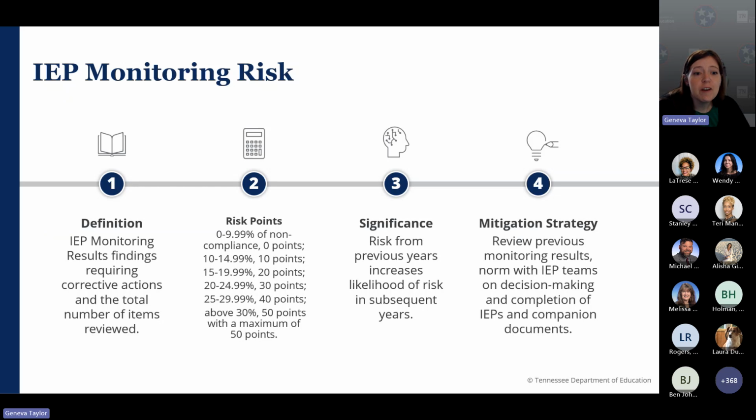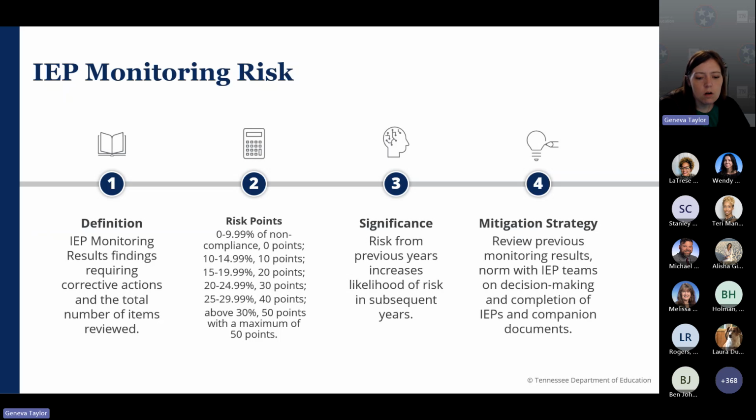We review the number of areas of noncompliance over the number of areas that we reviewed in total, and we calculate that percentage of noncompliance. It starts off with 0 to 9.99% at 0 points. And if you're above 30% noncompliance, meaning 1/3 of the items that we reviewed were noncompliant, then you can max out at 50 points.